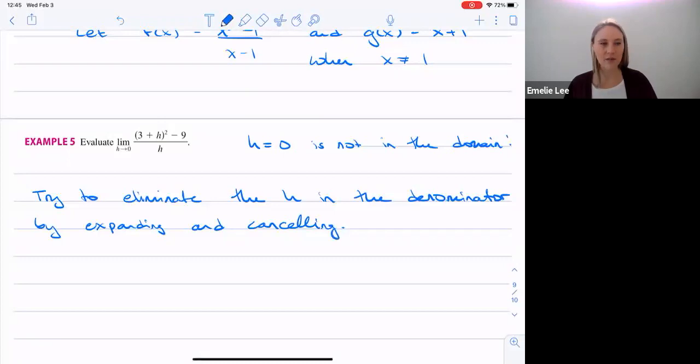There are no set rules for these things, but ultimately you're trying to get rid of that h in the denominator, whatever way you see.